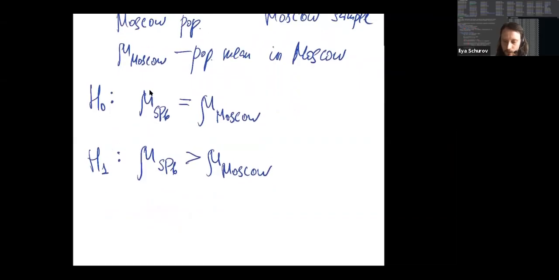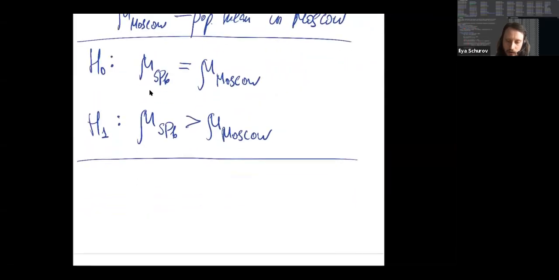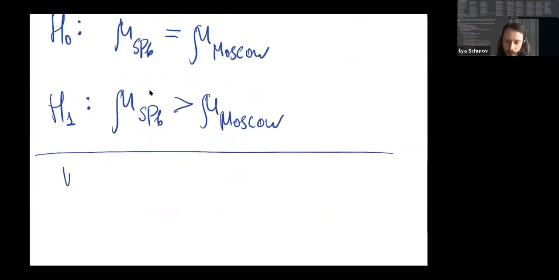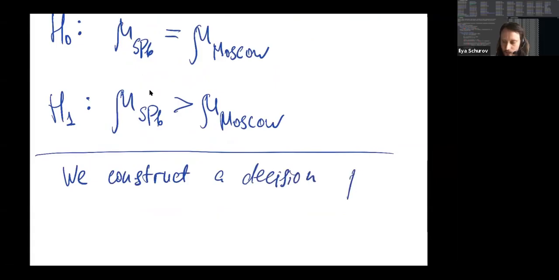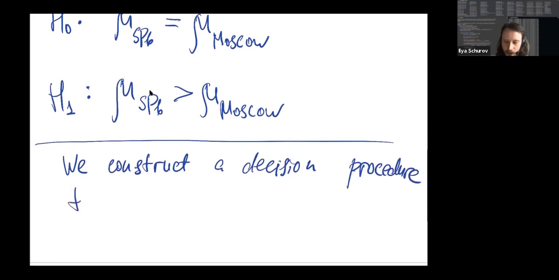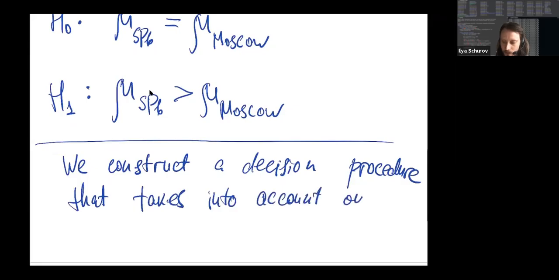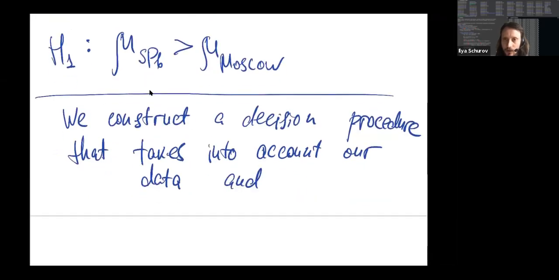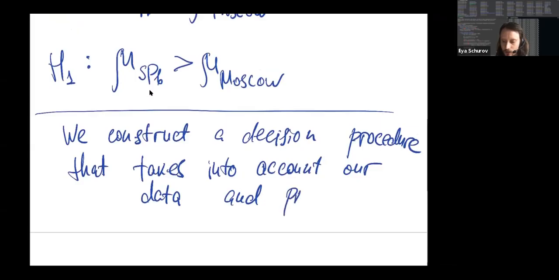So this is correct. And now we construct a decision procedure that takes into account our data and produces one of two possible answers, decisions.